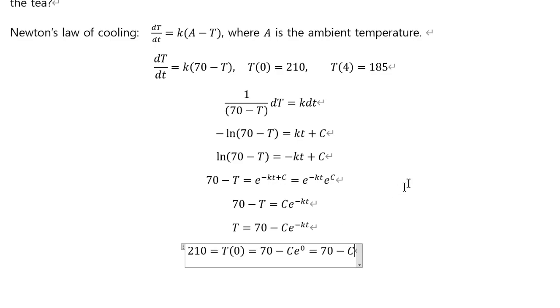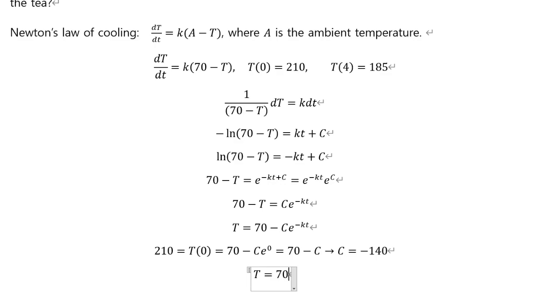If I move the c over here and subtract 210, 70 minus 210 is 140. So that tells you that c is negative 140, and then plugging that back in, you see that T is equal to 70 plus 140 e to the negative kt. And indeed, if you plug in 0, you end up with 140 plus 70, which is 210.